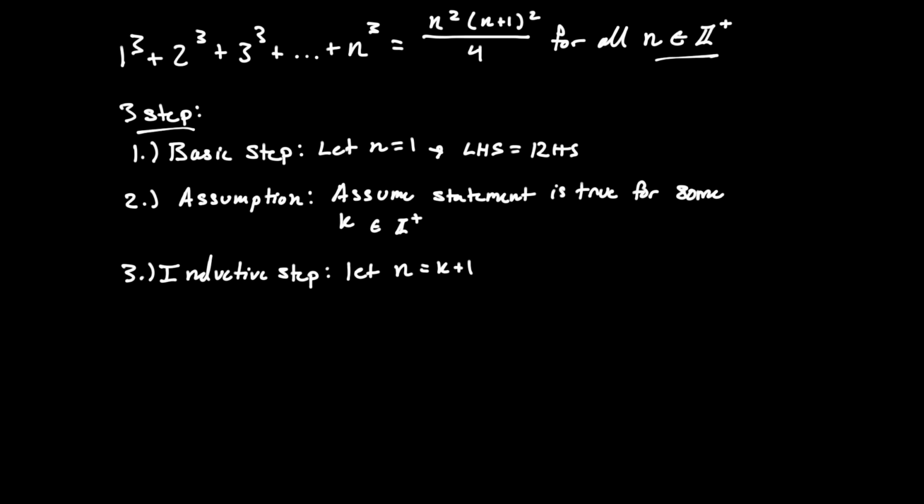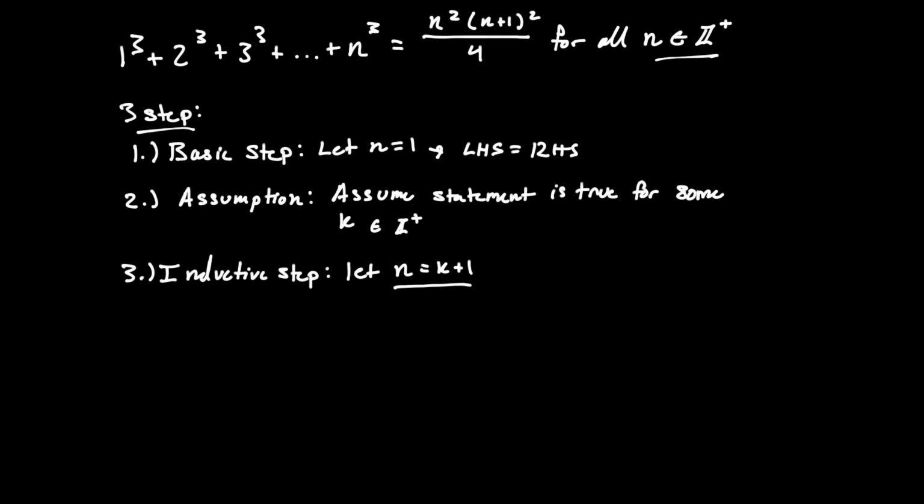Okay, so in our assumption, we assume that the statement is true for any integer k, right? Then the inductive step shows us that the statement is really true for all positive integers, right?